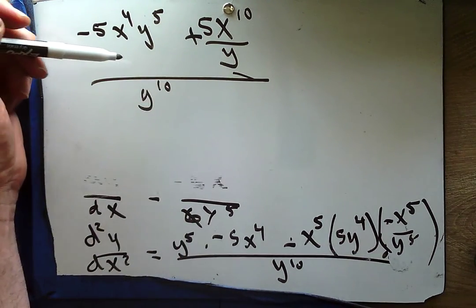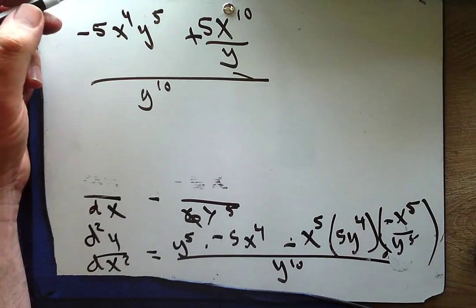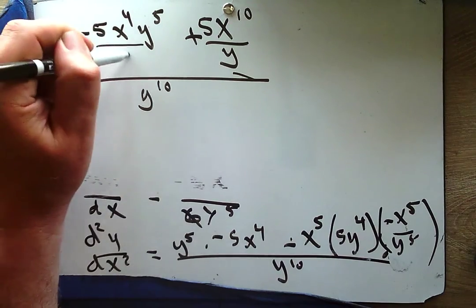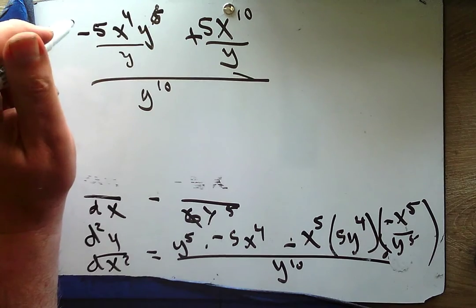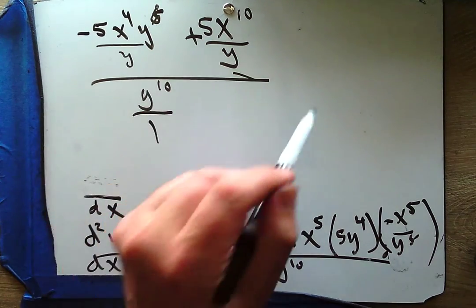Okay, so what if I multiplied by y over y, and then flipped and multiplied?